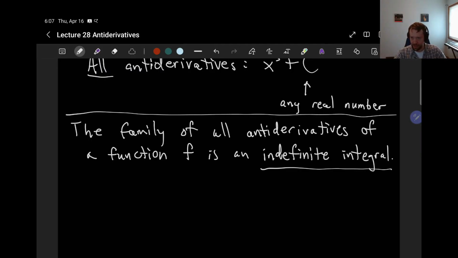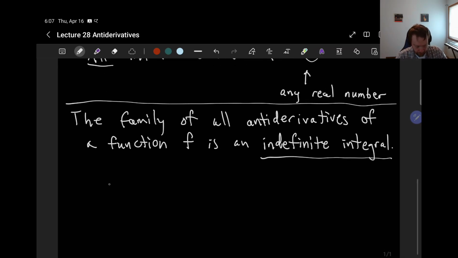That first adjective, indefinite, is not going to be too important for us today, but it will be important later because we will see definite integrals in a couple lessons. But for now, for this lesson, we're only talking about indefinite integrals.